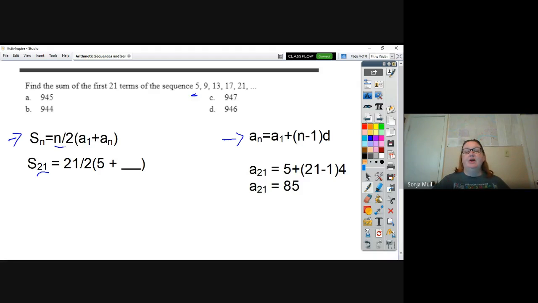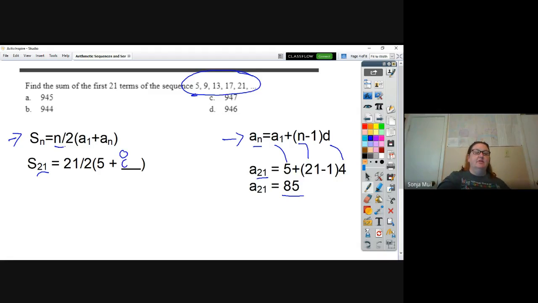Just like the last problem, I want the 21st term, so I plug in 21 for n. A sub 1 is 5, n is 21, and for my common difference, I've got to go back up here and look at my sequence to decide what the difference is. I'm adding 4, I'm adding 4, I'm adding 4. So d is 4. I plug this in and I get 85.